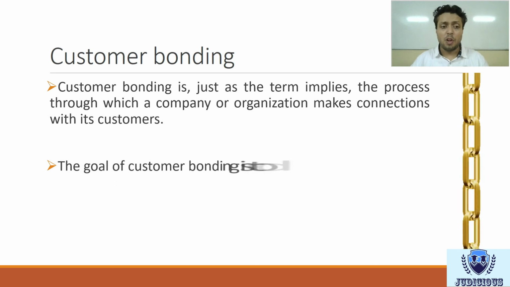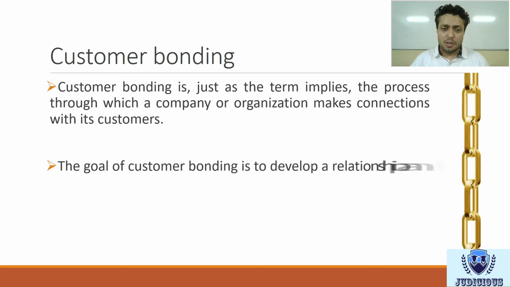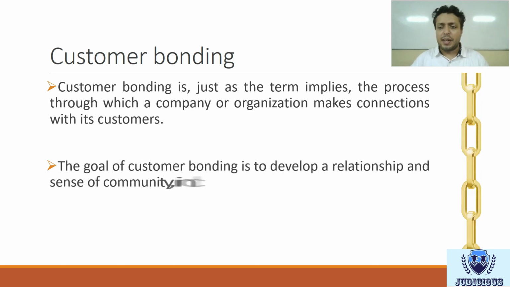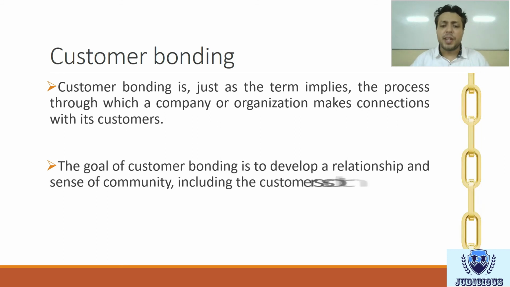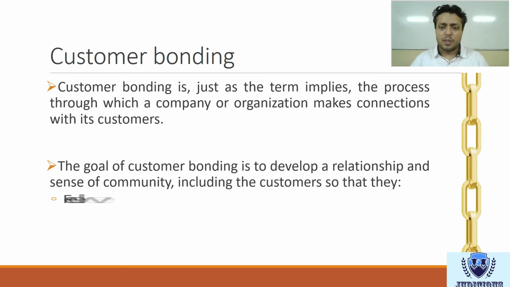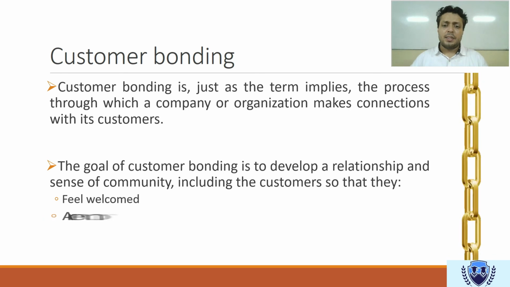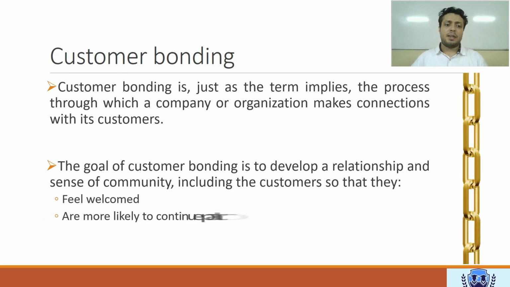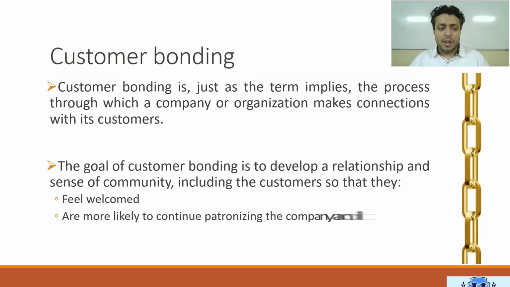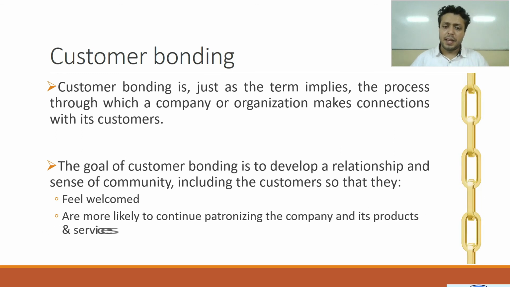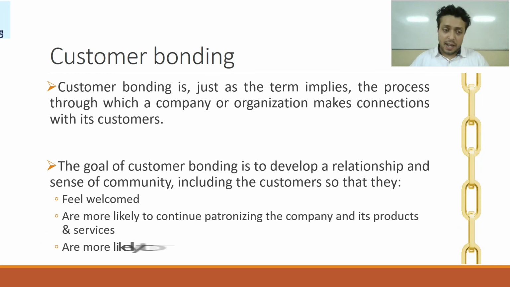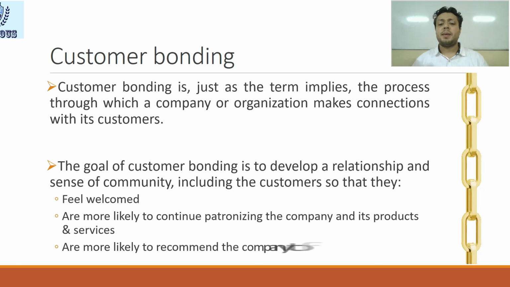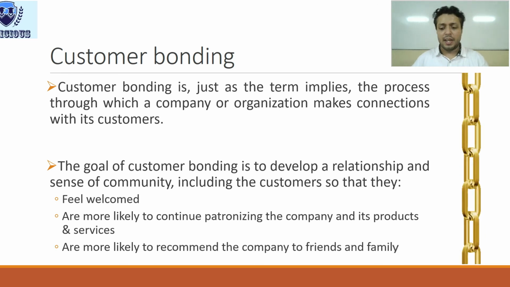The objective behind customer bonding is to develop a relationship and a sense of community in the minds of the customers so that they always feel welcomed, are more likely to continue patronizing the company and its products and services, and are also more likely to recommend the company to friends and family.